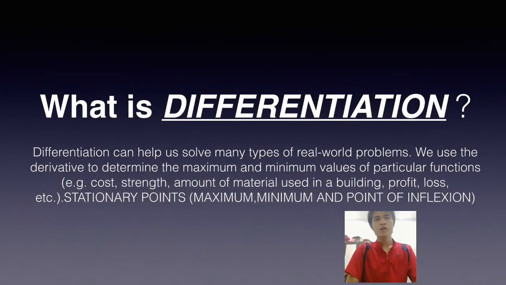Introduction of application of differentiation. Differentiation can help us solve many types of real-world problems by using the derivative to determine the maximum and minimum value of a particular function. For example, differentiation can help us find the cost of profit and loss in building.